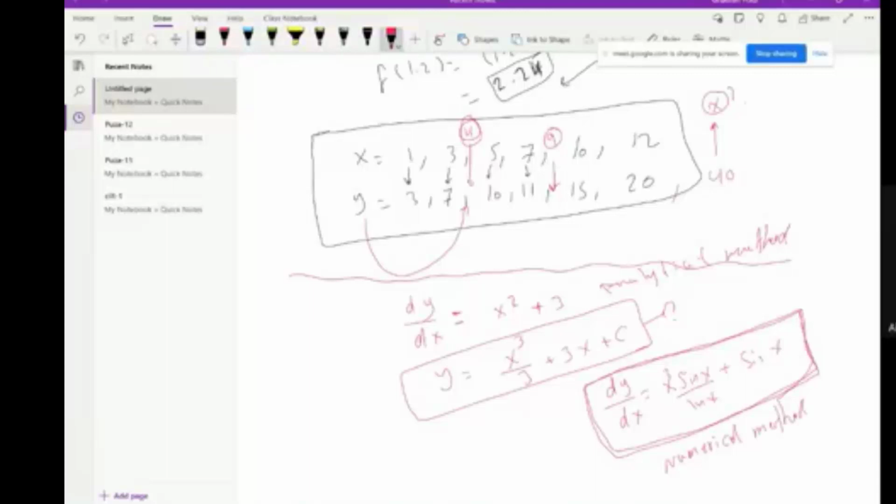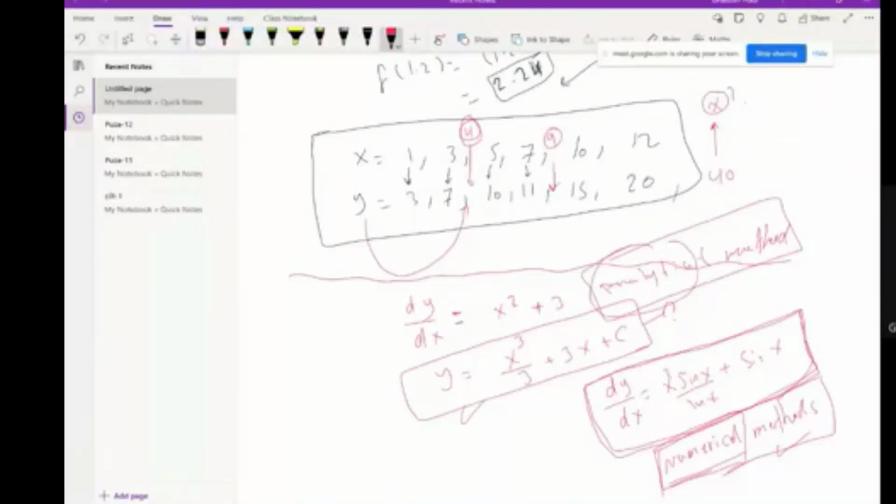Numerical methods. When do we use numerical methods? If it is difficult to use an analytical method.